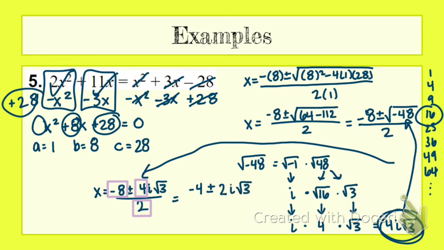We keep the rest of it the same. And then 2 divided by 2 is 1. But we know that we don't have to write the 1 in the denominator. So it's just going to be -4 plus or minus 2i radical 3.